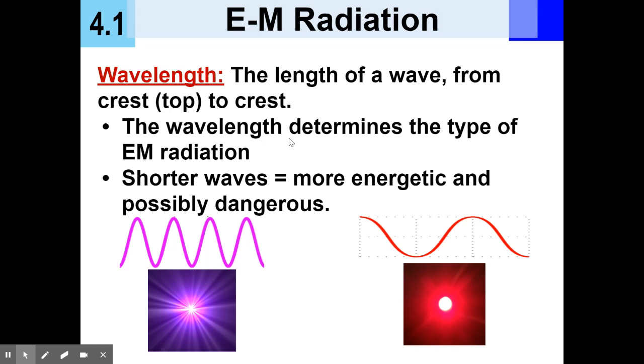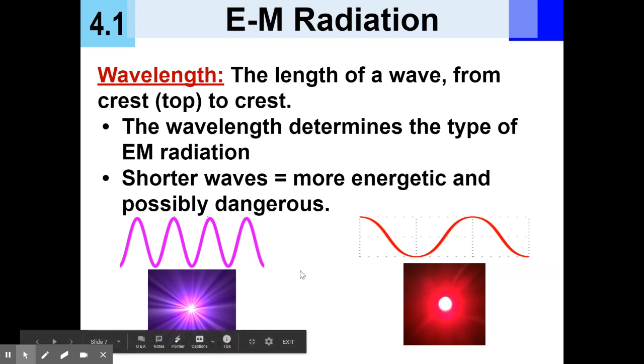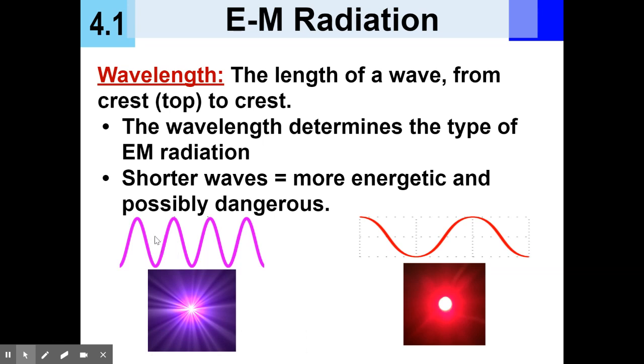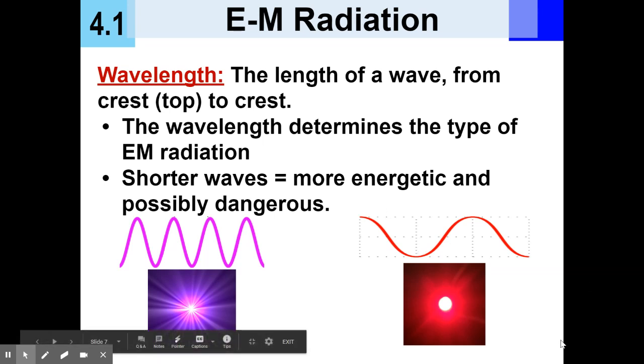For example, violet light and red light are essentially the same light. The only difference is that in violet light, the waves are slightly shorter, and our eyes interpret that as being purple. And in red light, the waves are slightly longer, and we interpret that as red light.